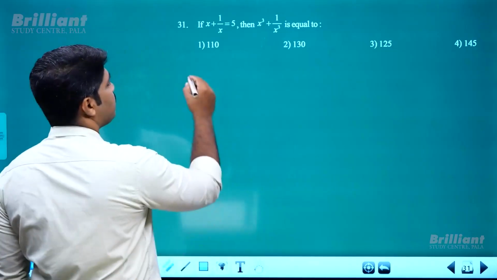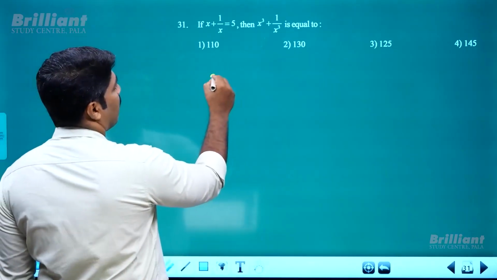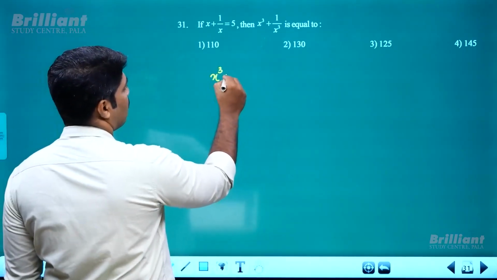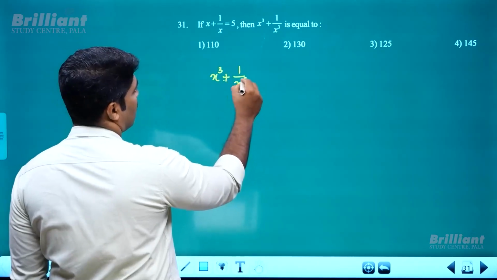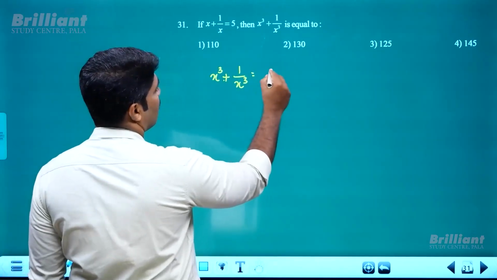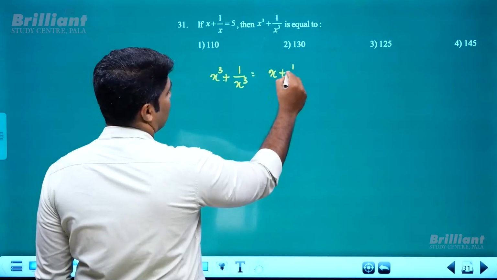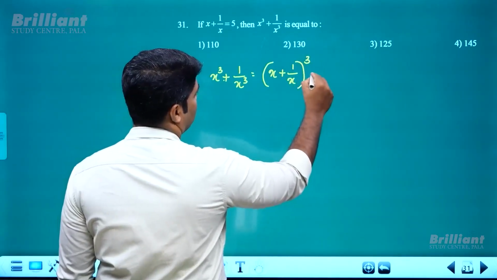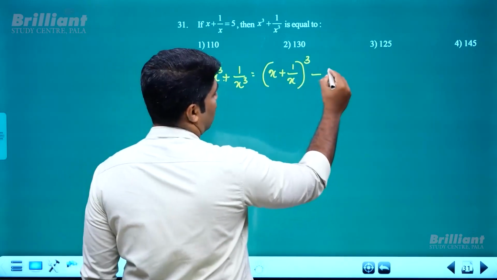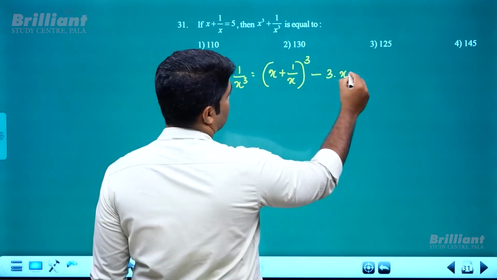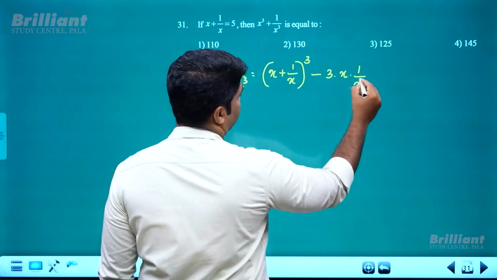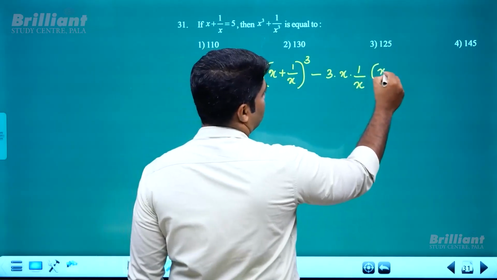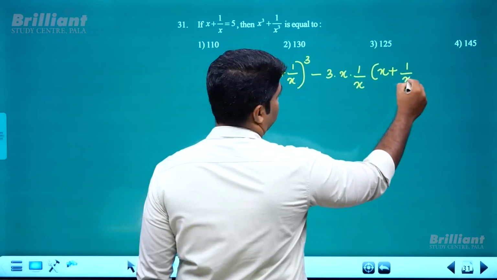So here, x cube plus 1 by x cube is (x plus 1 by x) the whole cube minus 3 into x into 1 by x into (x plus 1 by x).